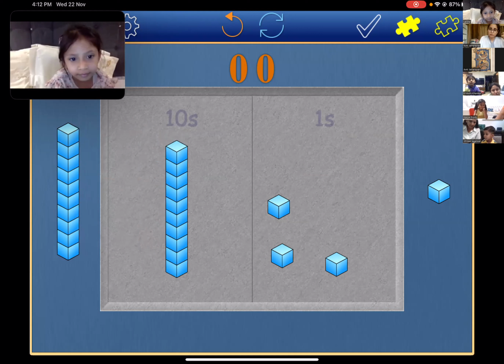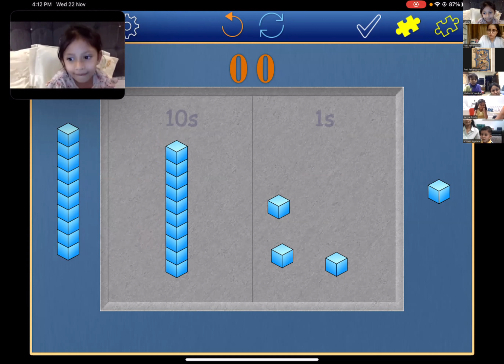So this number is known as what, Laisha? We have a 10 and a 3. 10 and 3 is? Okay, we will count. Laisha, this is 10 and then we have 11 as a smaller cube, 12 and 13. Correct? Yes.